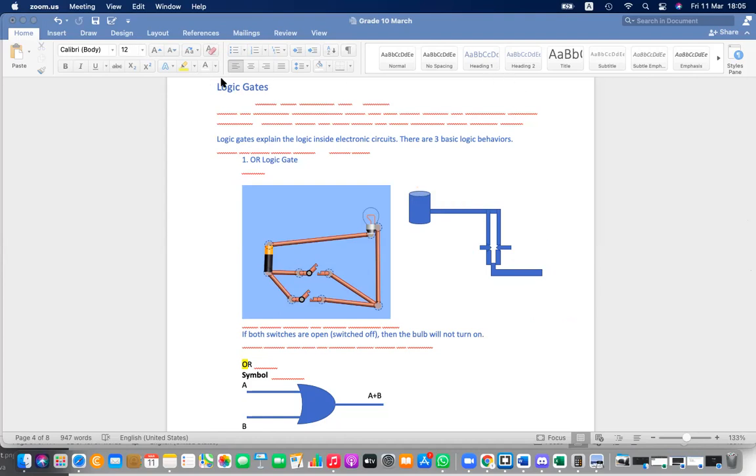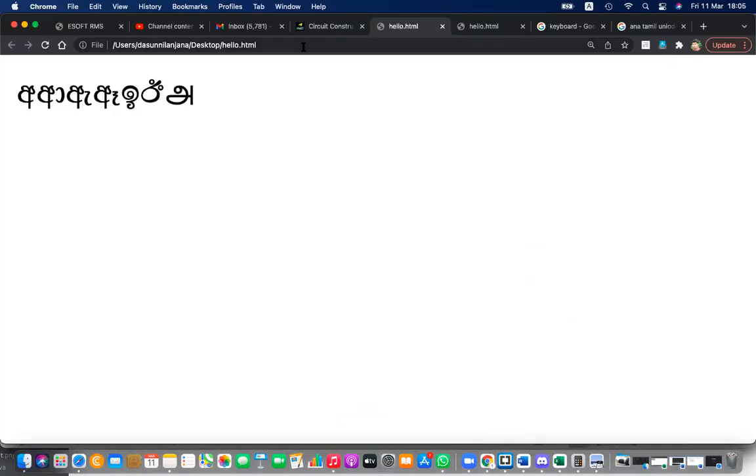Similarly, think about the electronic circuit now. There is a battery, two switches, and the bulb. Okay, let's see this practical. I think it's better to move to the circuit construction kit.